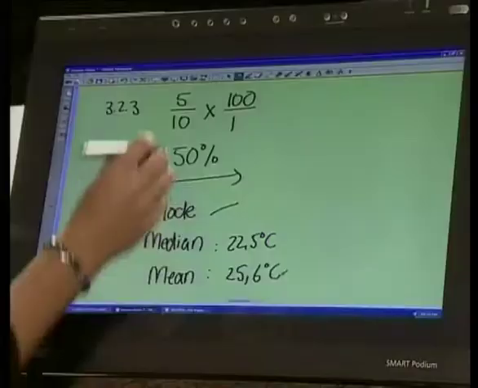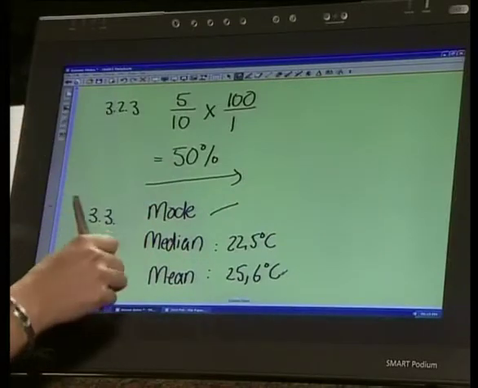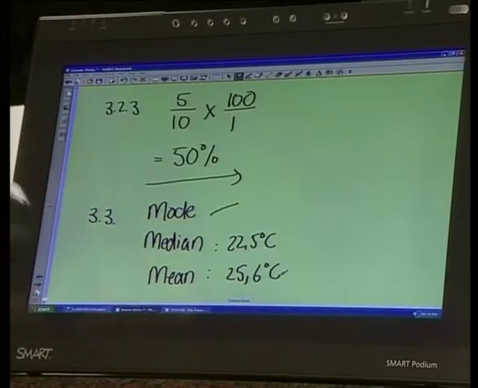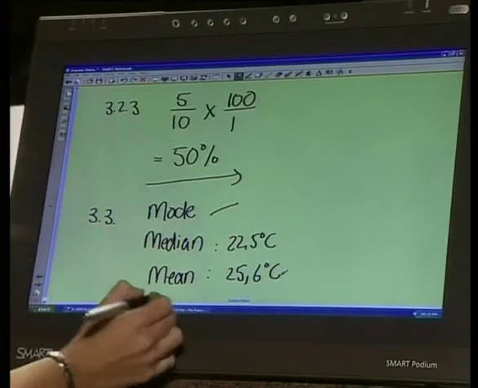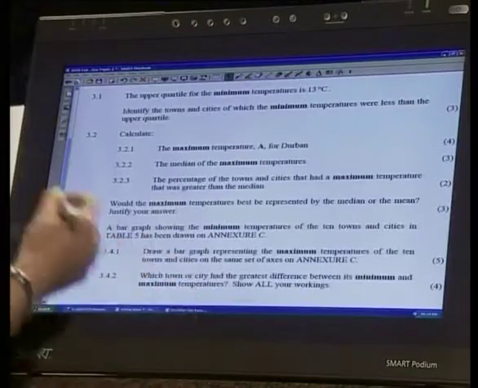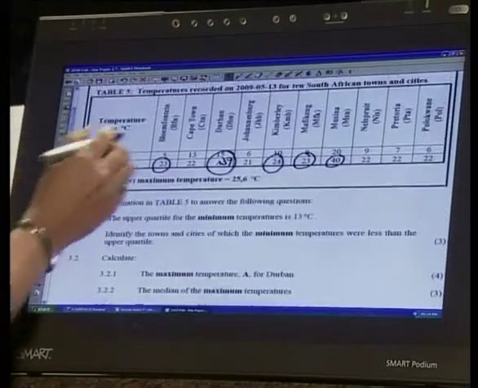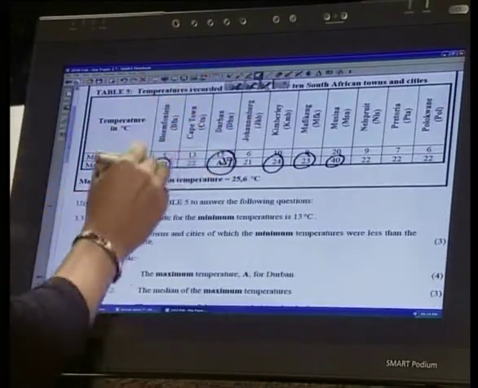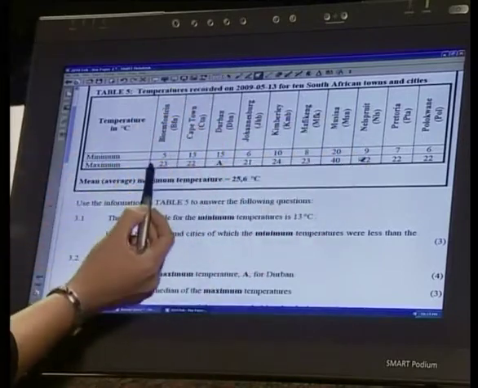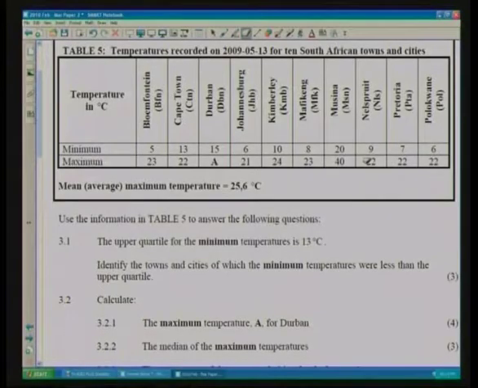We need to choose either the median or the mean, and choose which one is a better representation of the data set that's been given to you. So let's go back and have a look at our data set and then decide for ourselves which one we're going to pick. If we look at the values in the data set, 23, 22, 21, 24, the 37 for Durban, 23, 40, 22, 22, 22.